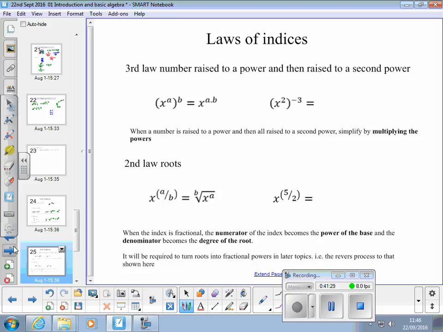The answer is x to the a times b. So here x to the 2, all raised to the power 3, is x to the power of 2 times minus 3. Notice how I've applied brackets there. The answer, 2 times minus 3, is x to the minus 6.